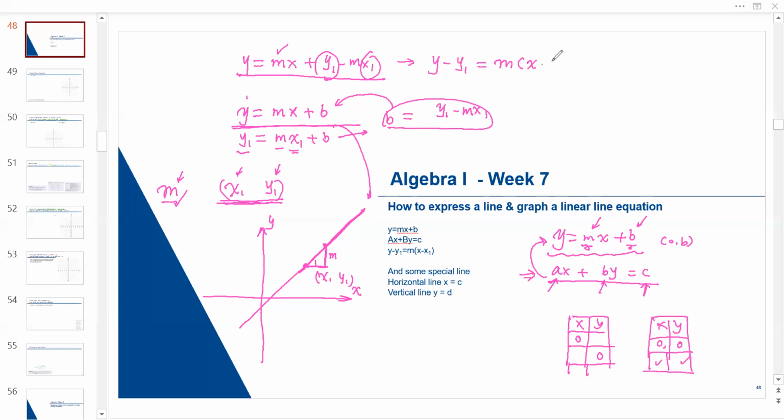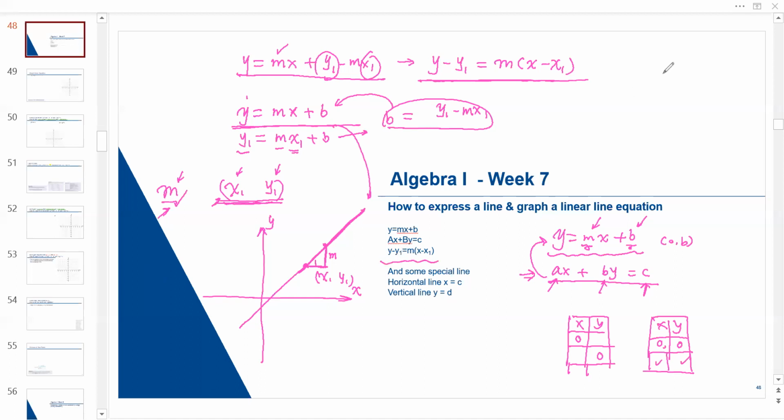So it can be written like this, right? So this is the expression. So given a known point and a known m, you can get this linear line out of these given expressions. That's where this one comes from.